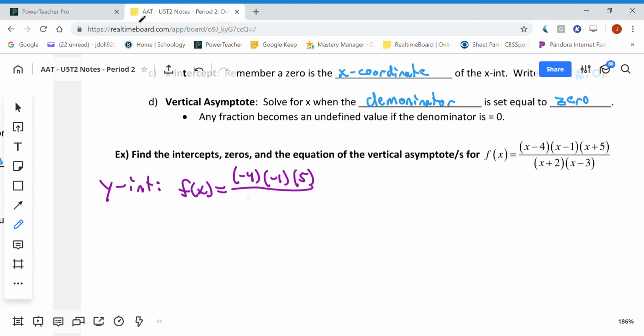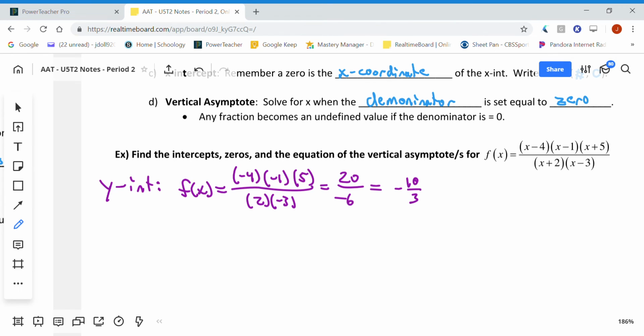And on the bottom, it's going to be 0 plus 2 and 0 minus 3. So negative 4 times negative 1 is 4, times 5 is 20, 2 times negative 3 is negative 6. So this is going to be negative 10 thirds.